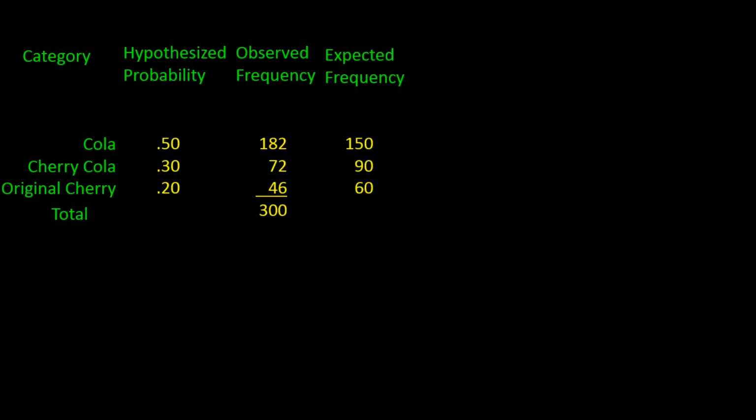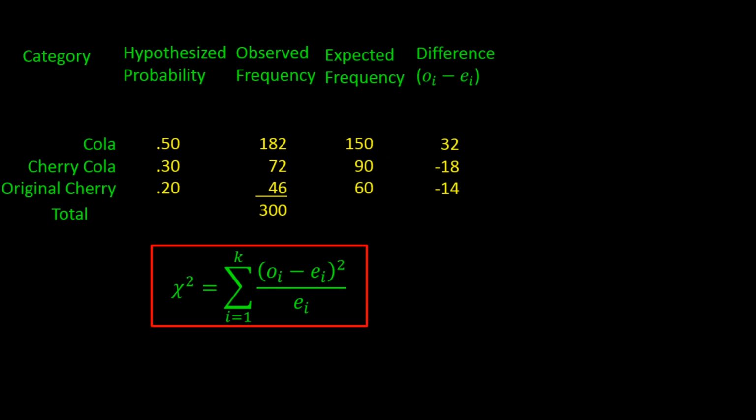So now we have a replica of the tables from the previous slide, the observed frequencies and the expected frequencies. Our next column calculates the difference between the observed and expected frequencies. So 182 minus 150 is 32, 72 minus 90 is negative 18, and 46 minus 60 is negative 14.